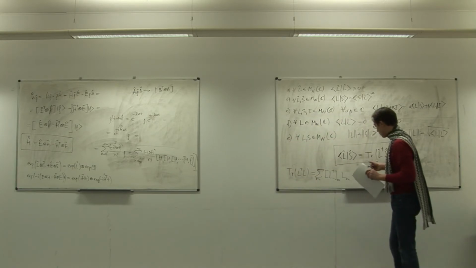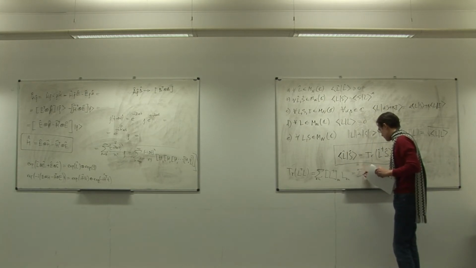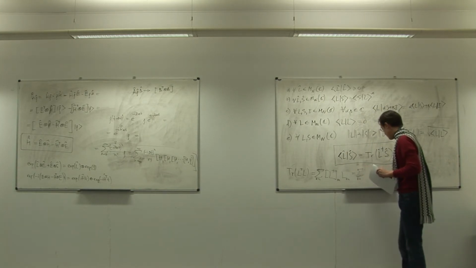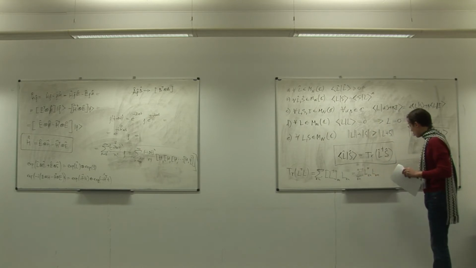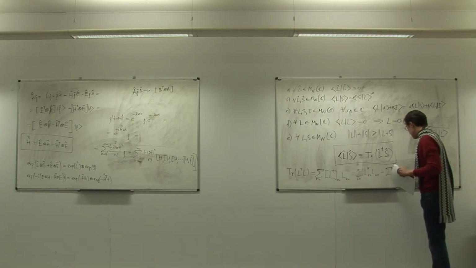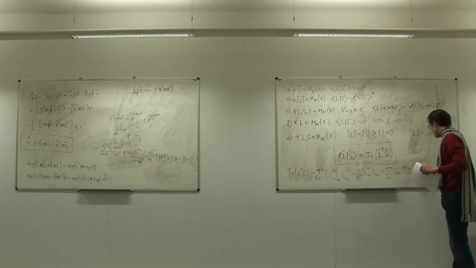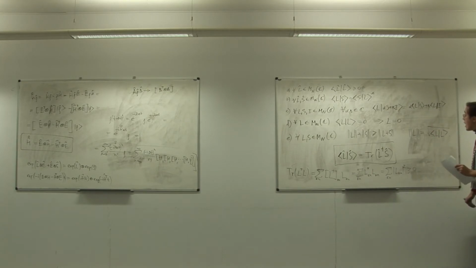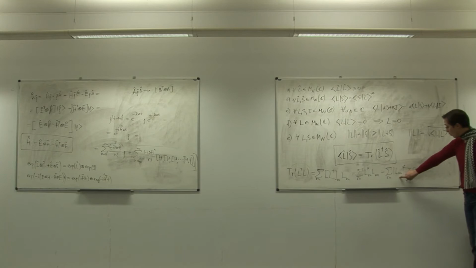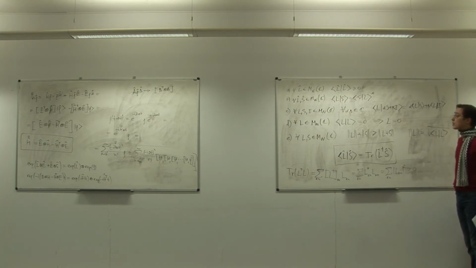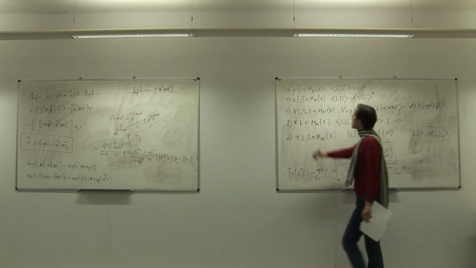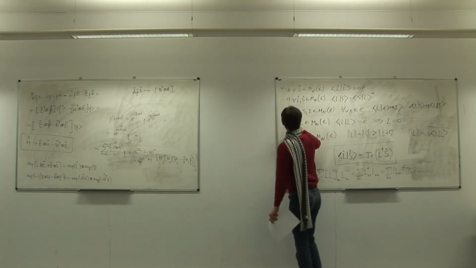But Hermitian conjugate is a conjugate transpose, so we have a sum over K, N of L star KN, L KN. That's just the square modulus, so it will be a sum over K, N of the modulus of L KN squared, and clearly that is greater or equal to 0, and only 0 if all these numbers are 0, and so the matrix is identically 0. So we have proven this.